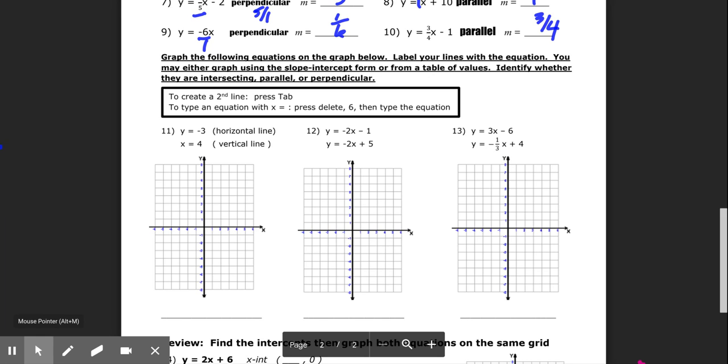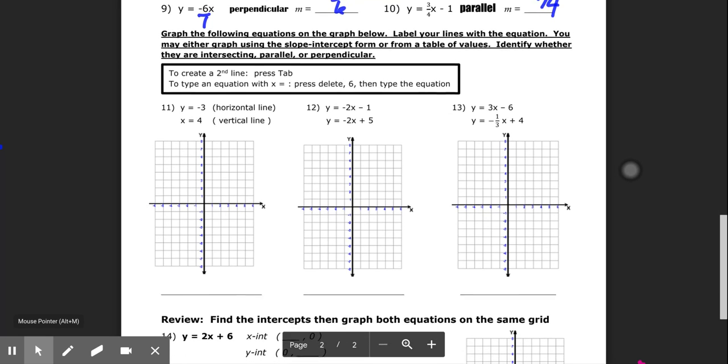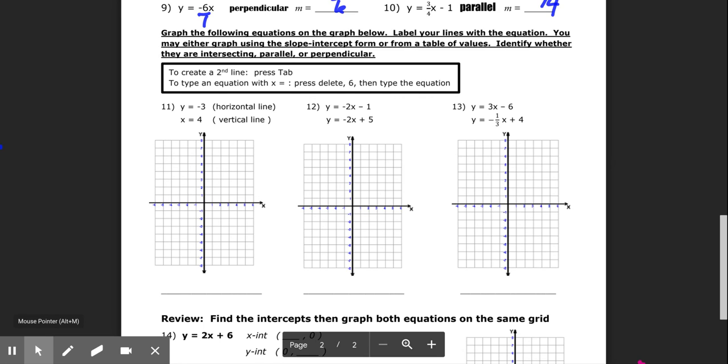To type an equation with x equals, press delete 6, then type the equation. So those are instructions that you can use in your calculator in order to see the lines graphed, especially since we haven't worked with any that have an x equals, like on problem 11.